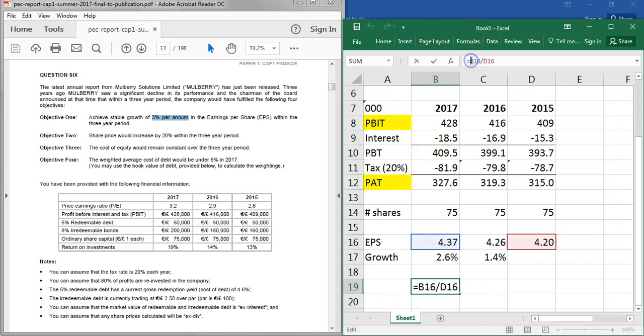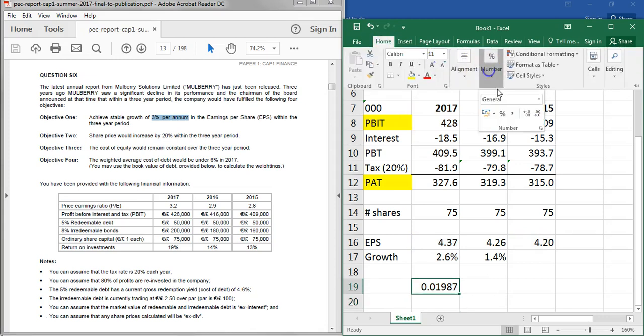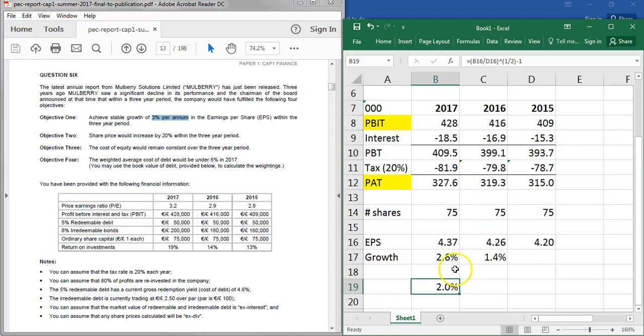But what you do then is you put that to the power of 1 over 2, because it's jumped up 2 slots. So we know it's 4% in total, but per annum it's grown over 2 years. So you put it to the power of a half, or essentially the square root. In this case, we take off 1, is about 2% when you round. So it's 2%, or if you want to round it, 2.0%. So on average, the growth rate is 2%.